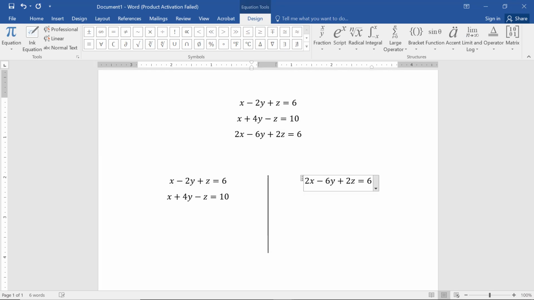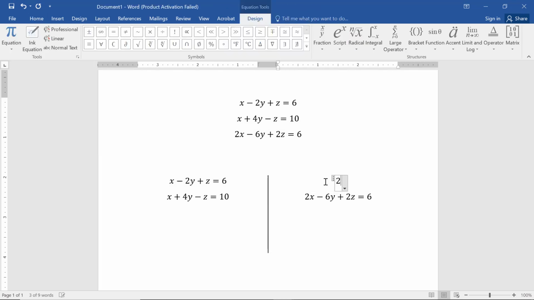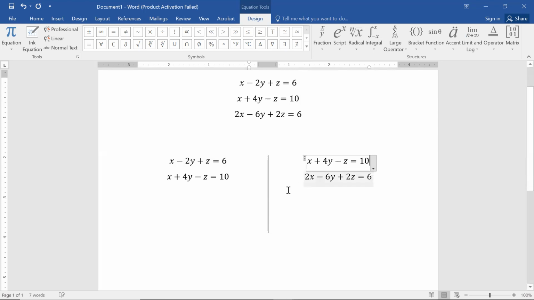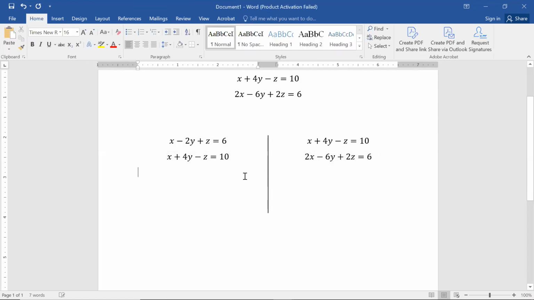And we've already looked at equation number 2, which is 1x plus 4y minus z equals 10. So with these two pairs, I have to eliminate the same variable. I'm going to eliminate the variable z in both systems.